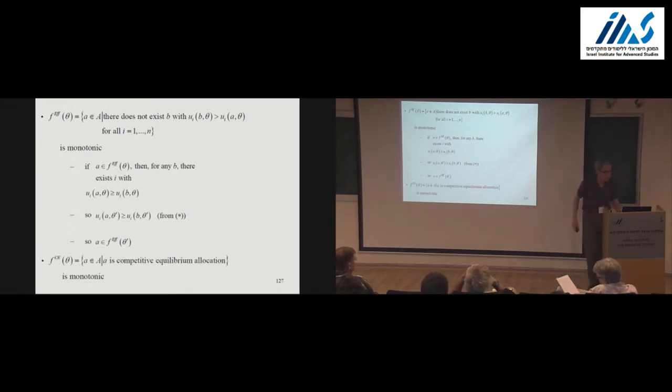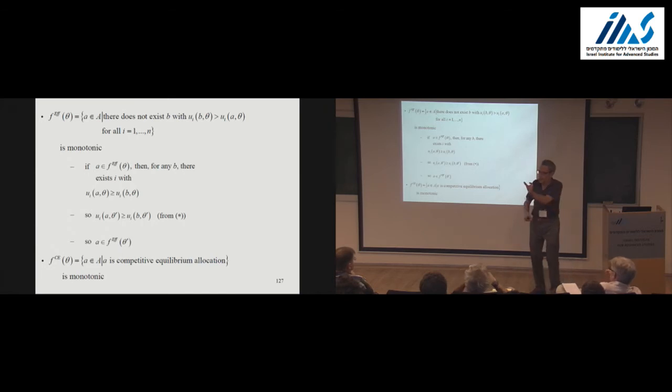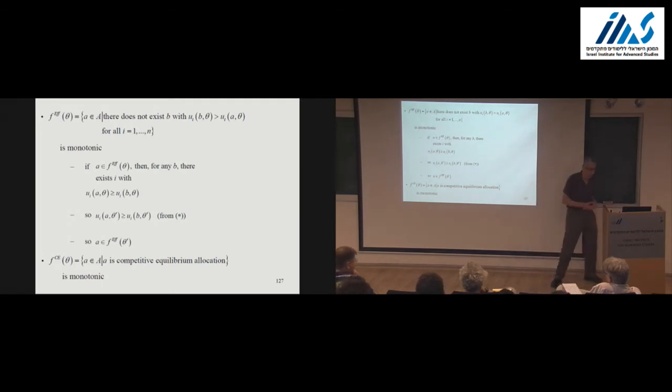And by a similar argument, you can show that the set of competitive equilibrium allocations is monotonic. You change preferences so that an equilibrium allocation doesn't fall in a person's preference ordering, then that allocation must still be a competitive equilibrium at the same prices as before.